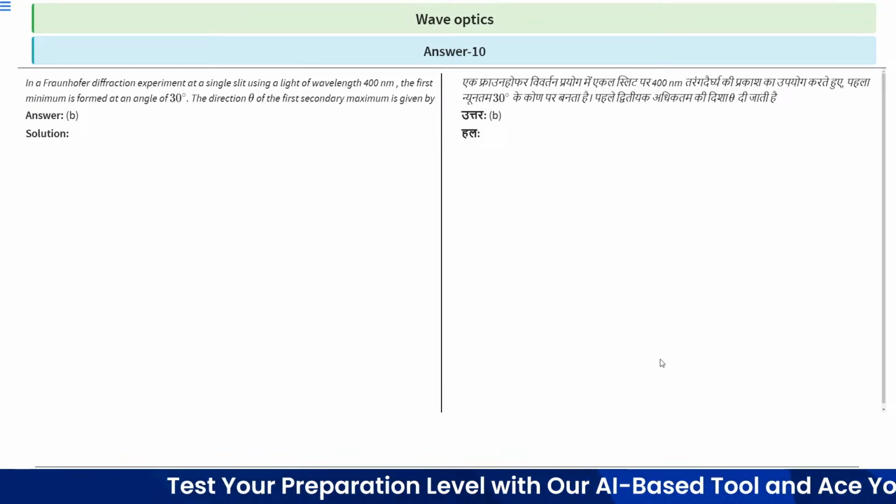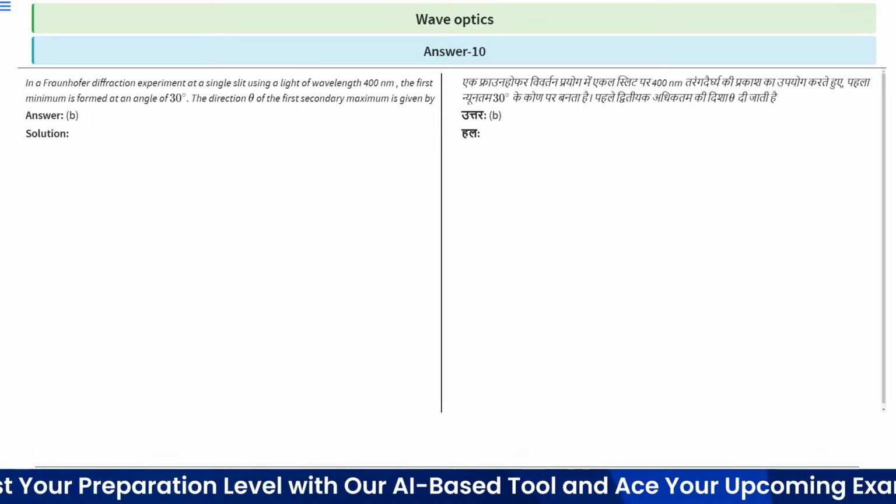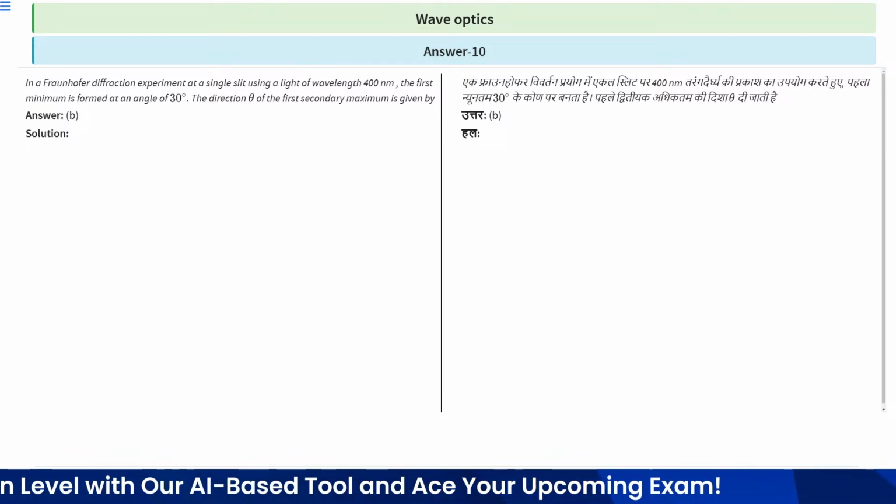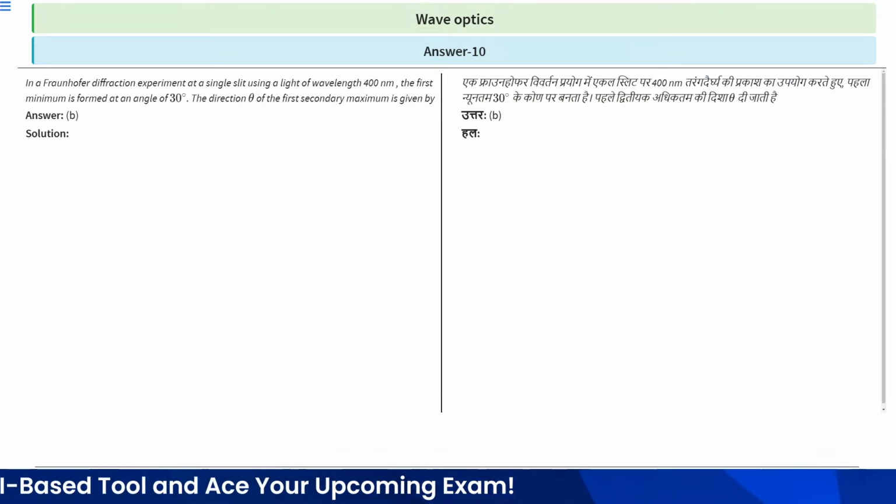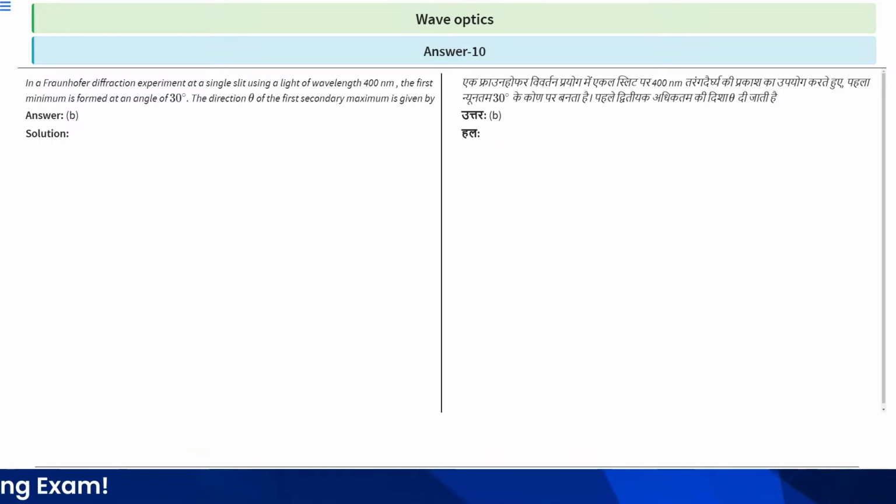In a Fraunhofer diffraction experiment at a single slit using light of wavelength 400 nanometer, the first minimum is formed at an angle of 30 degree. The direction theta of the first secondary maximum is asked in this question.